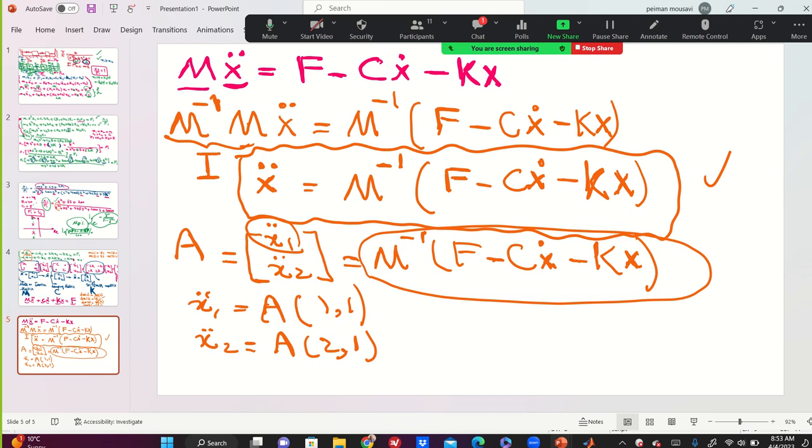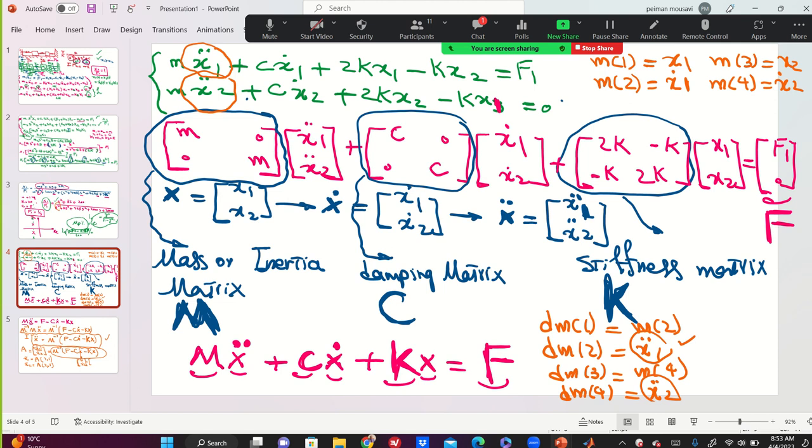Understand everyone? And you know that the X dot is what? You tell me. X dot 1, X dot 2. Look at here. What is X dot 1? M2. What is X dot 2?